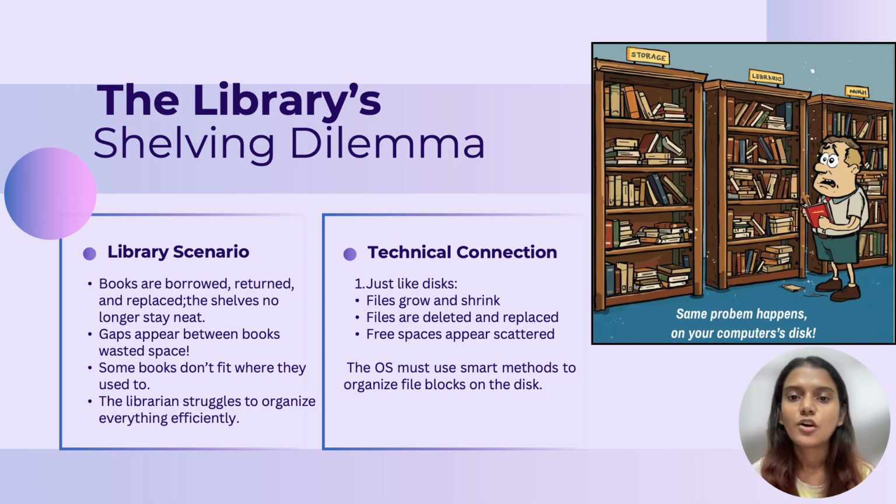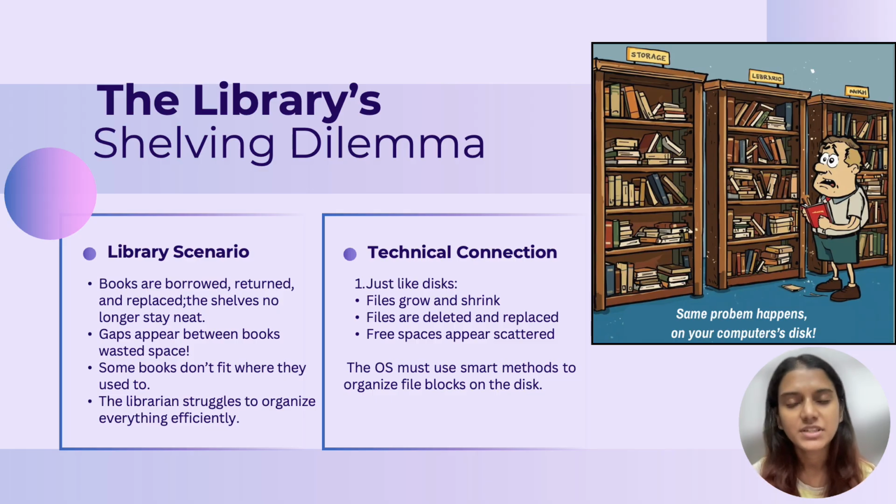But now we move on to the library's shelving dilemma. That is, over time, the library gets messy, books are borrowed, returned, rearranged, or replaced. Shelves that were once neatly organized now have random gaps. Some shelves get crowded, and sometimes a book doesn't fit where it originally belonged.